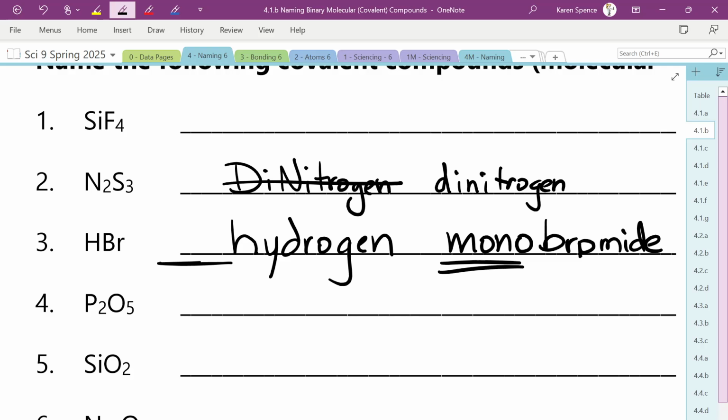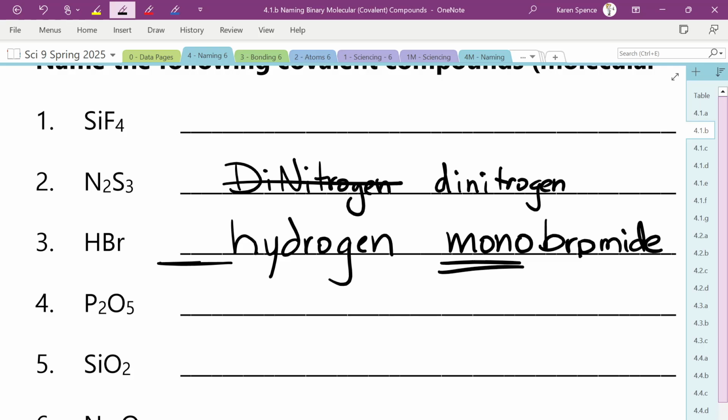When they're covalent, we will use the prefix. But mono we don't use on the first word. So we have one silicon, and then we have four, which is tetra.